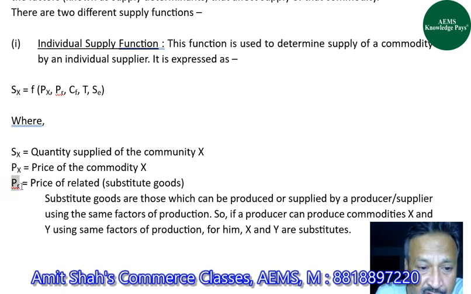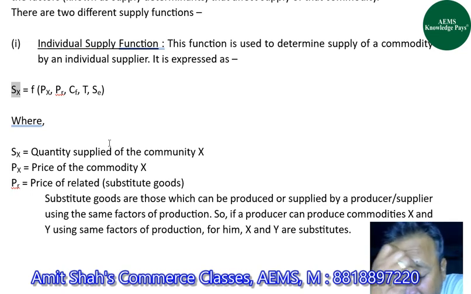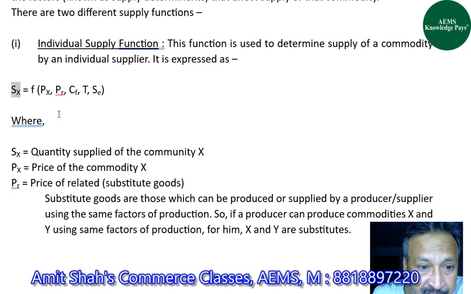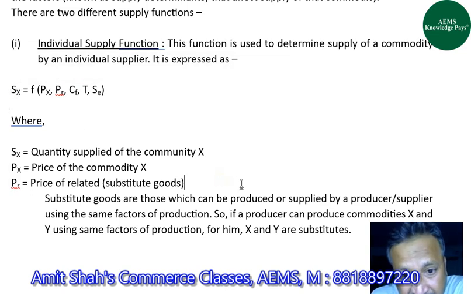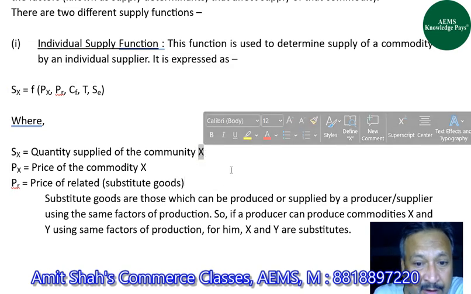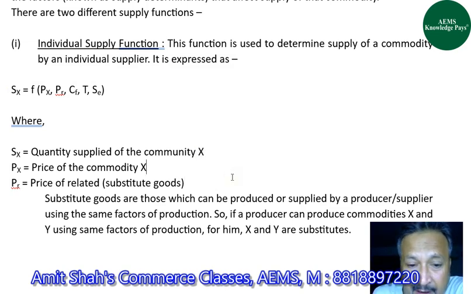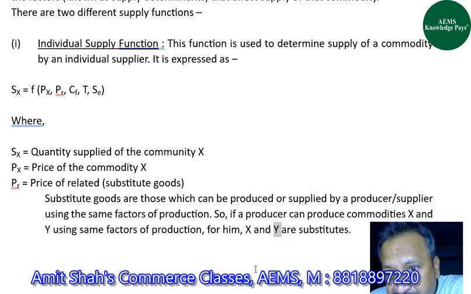Now, how do prices of substitutes affect supply of the main commodity X? Prices of substitutes have inverse relationship with supply of the main commodity X. For example, a producer is producing and supplying commodity X, but later he finds that prices of Y are rising in the market.